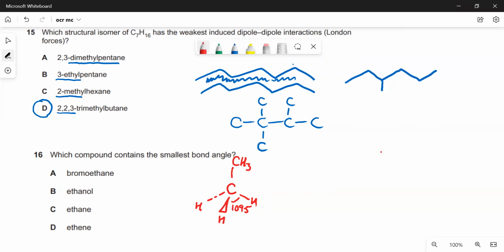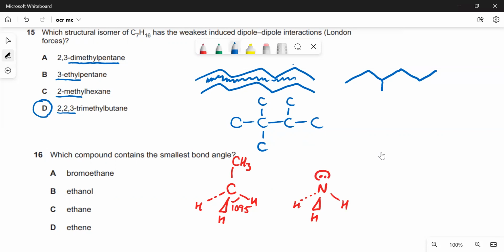Is there any that we could have smaller than that? Well, we could if you get a lone pair somewhere, like in water. Let's do ammonia. In ammonia, you've got 3 bond pairs and 1 lone pair. What does a lone pair do?